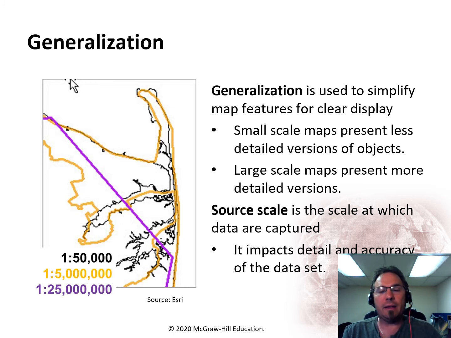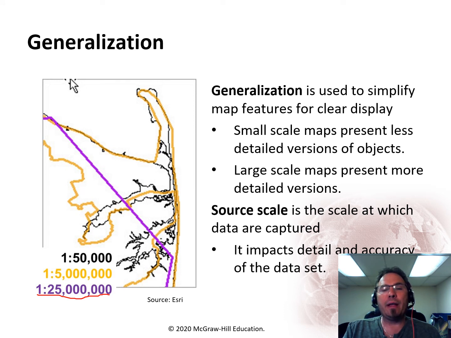Now, if you look at the image on the left here, the purple line here was mapped at 1 to 25 million. Now, for a map of the entire United States at once, this is probably fine. The generalization is not a problem.